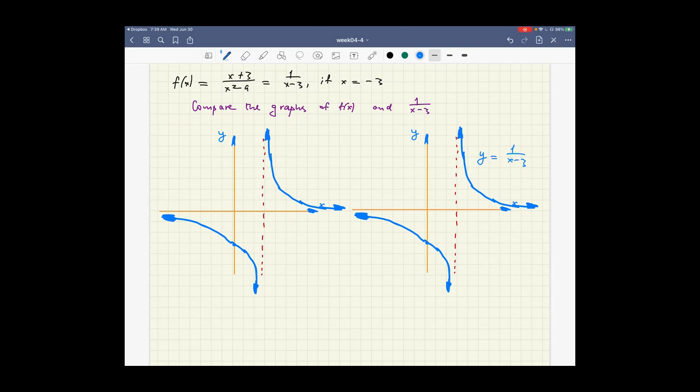But the graph of f will look slightly different. We now have to exclude the point where x equals negative 3.